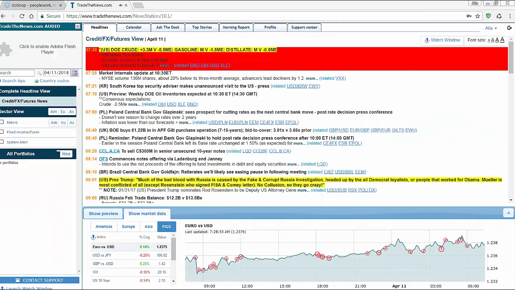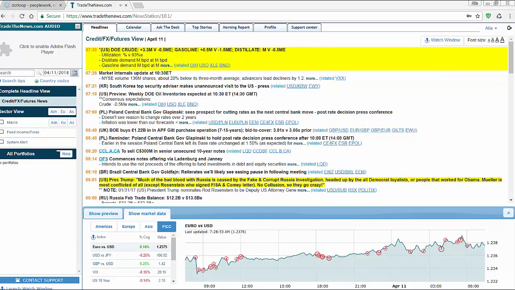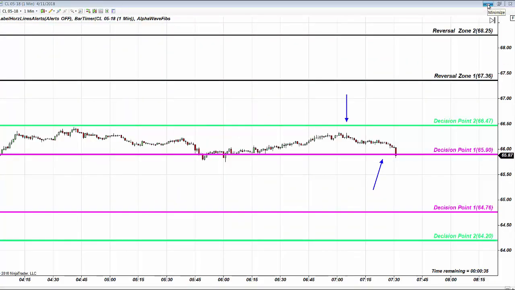Oil news is out. We have extremely bearish news on oil. Extremely bearish news, oversupply on oil. Let's see what oil will do. Again, I will continue bringing up this chart the entire day until the close of the room.